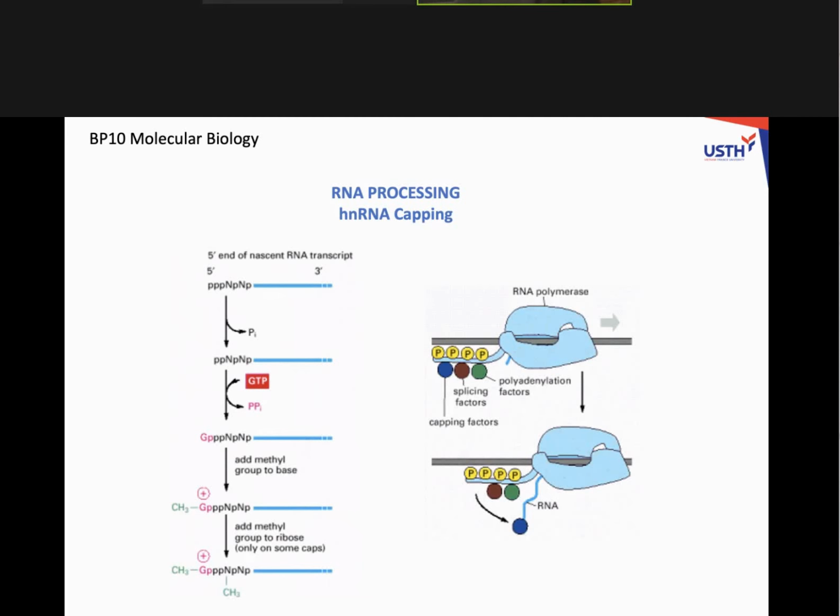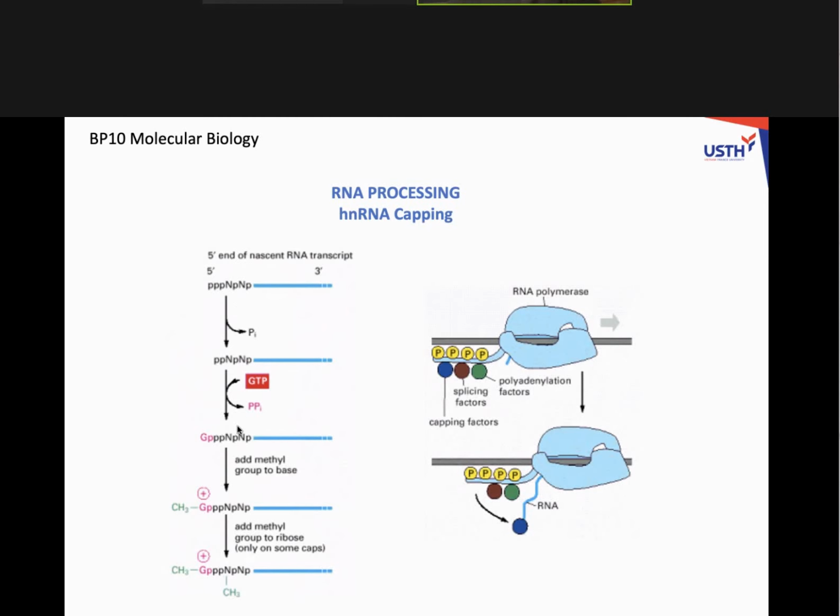Just for the capping, the idea is that you understand by the three or four following slides that all the processes happen at the same time during transcription. It's not a sequential process. This on the left, you don't need to know, but you have it as a reference.